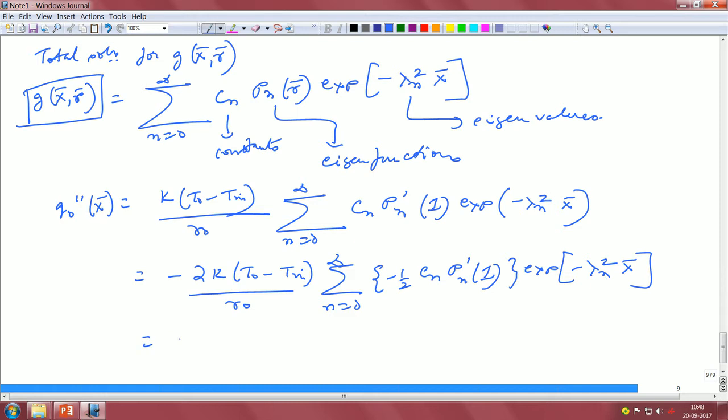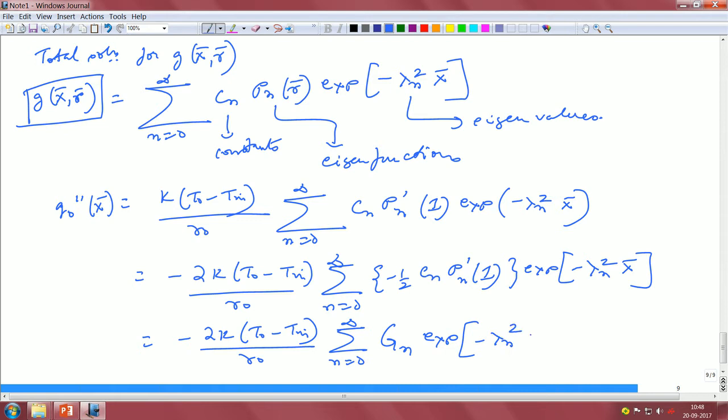In other words, this can be simplified by substituting that term within the bracket by Gn, times exponential minus lambda n square into x bar, right. So, this is the total and I can write q here.